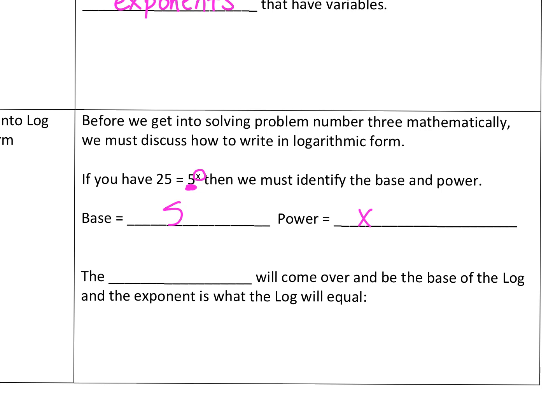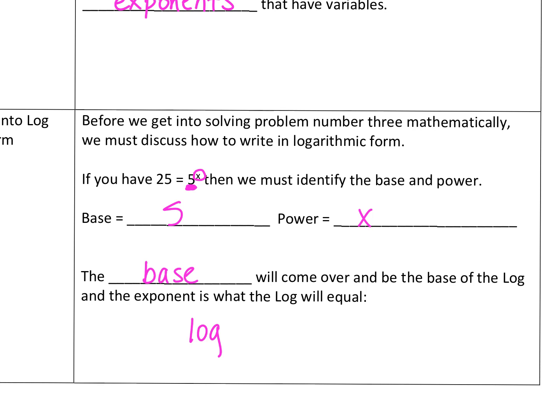okay? So what's going to happen is the base will come over, and it's going to be the base of your log, okay? So the base is going to stay the base. And the exponent is going to be what the log is equal to, okay? So for instance here, we're going to write log. Like I said, we're going to abbreviate. We don't want to write logarithm out every time.